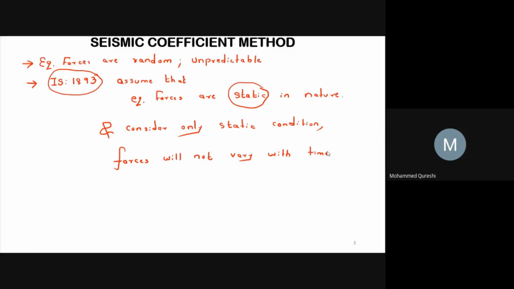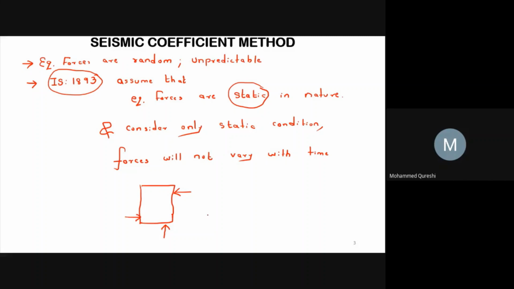And we know that the seismic forces are lateral forces. Suppose this is your building. On this building, the seismic forces may act in this direction, maybe in this direction, maybe in this direction.